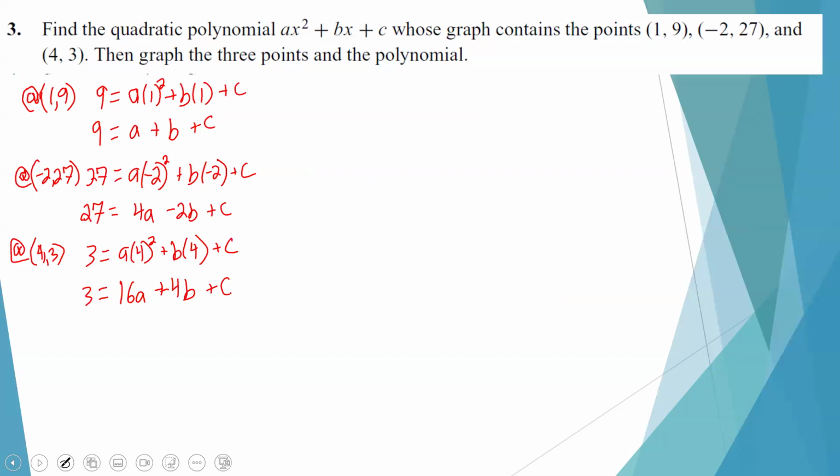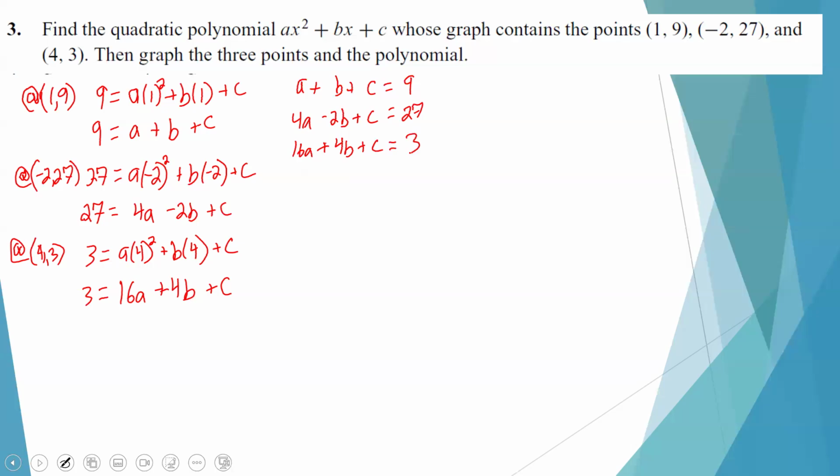What would I have? I would have something that looks like this. A, B, C, 9, and this is really me taking this equation, and this equation, 4A minus 2B plus C equal to 27, and taking this equation, 16A plus 4B plus C is equal to 3.